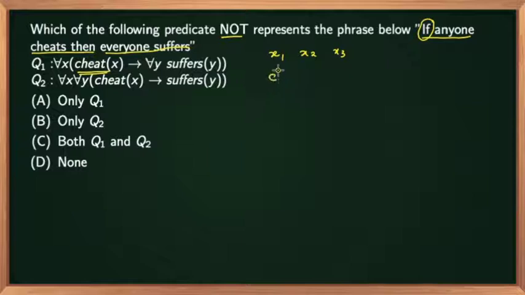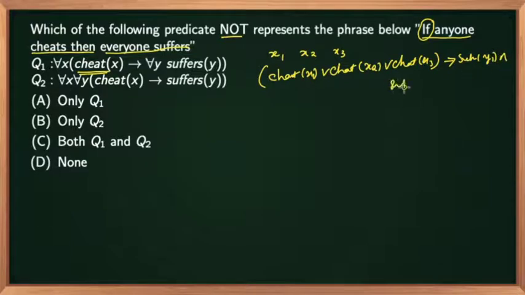So it says cheat of x1 or cheat of x2 or cheat of x3. If any of this is true, then everyone is going to suffer, right? So that means suffers of y1 and suffers of y2 and suffers of y3, right?